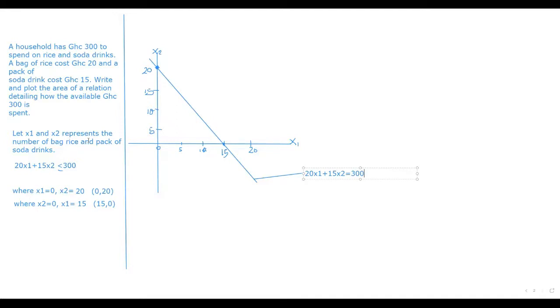If it's greater than, you are going to shade upwards. This one is less than, so where should we shade? Downwards. You shade to touch the X2 axis, the Y axis, and you shade till you get to the X1 axis, or the X axis we normally know.